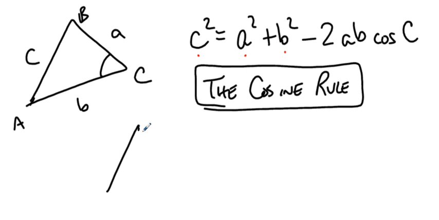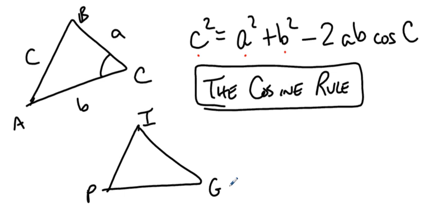So I take some triangle, it's triangle pig, and in triangle pig, this is maybe 15, and this is maybe 19, and this is maybe 61 degrees, and I want to know what that side length is. That is not the square root of -1.